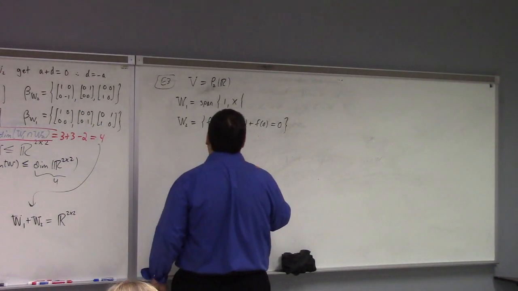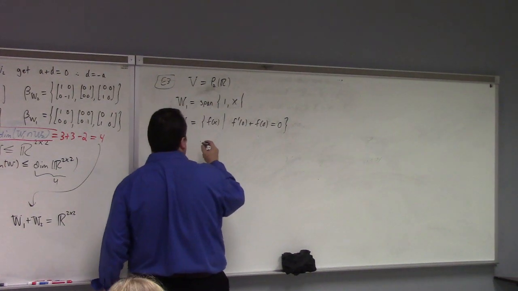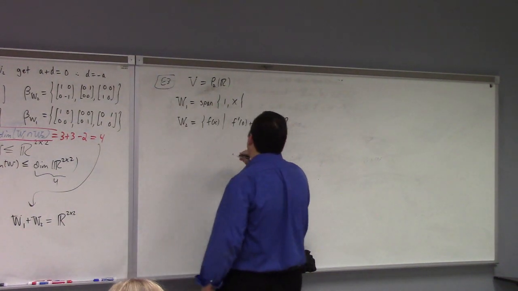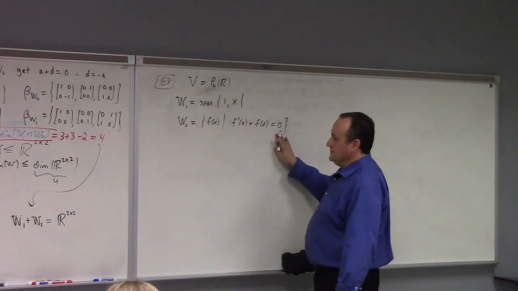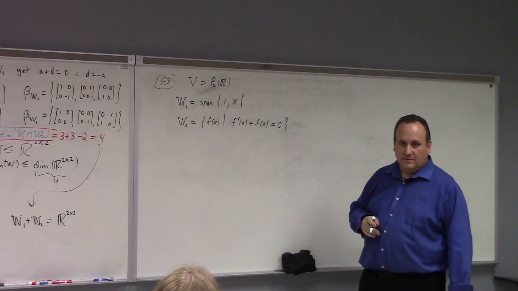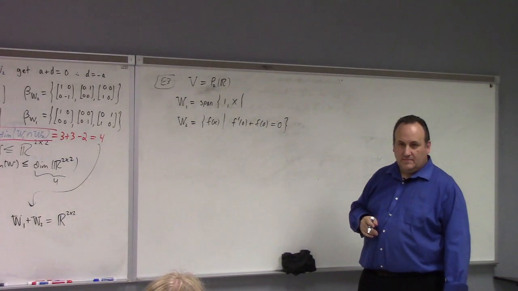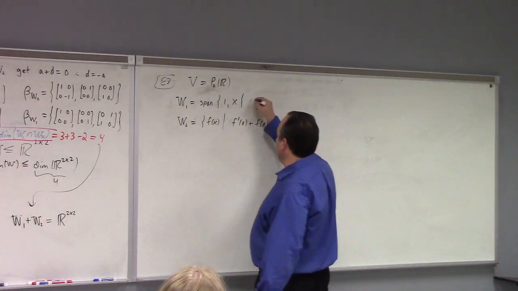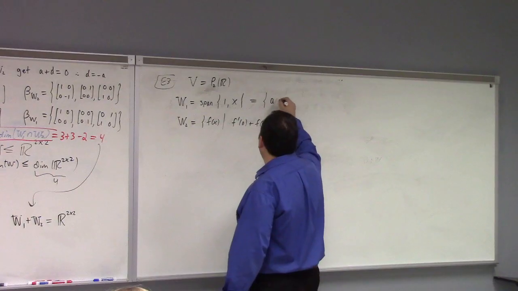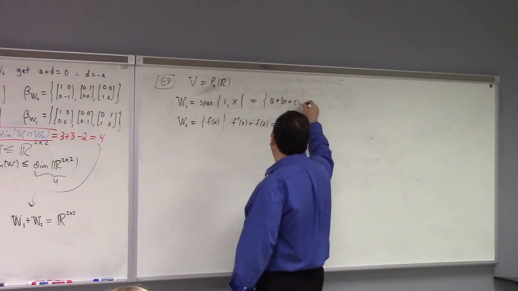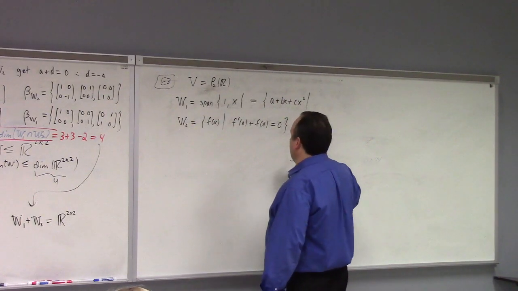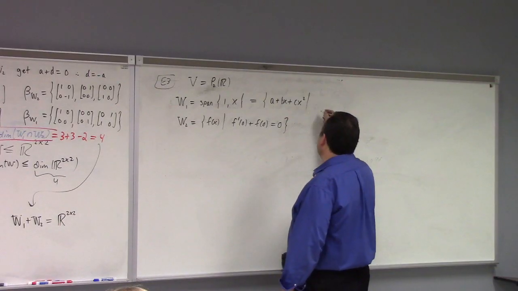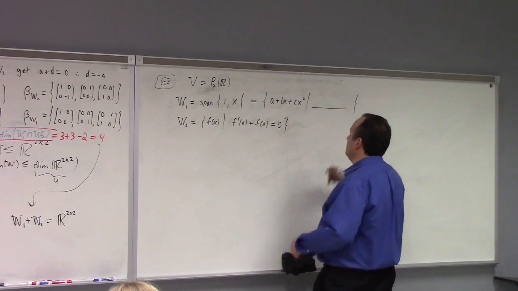So what I would suggest is, this part's nice, that's an equation, right? But my real question is, can you rewrite this as a plus bx plus cx squared, let's say, such that some equation or equations hold?